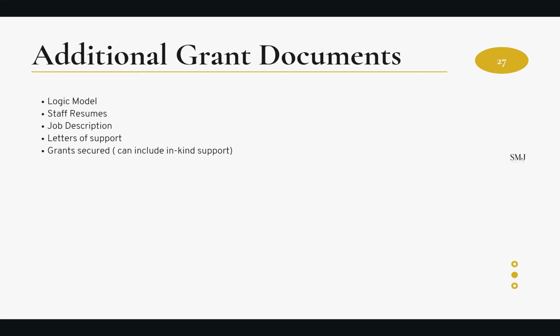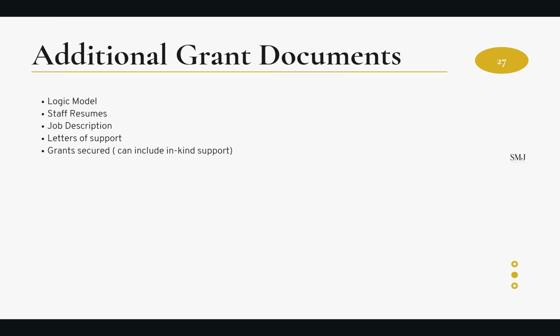So we have talked about the seven core components of a grant application. Oftentimes, a grant application will also require additional documents. They may ask for a logic model. A logic model is a graphic representation of your theory of change.